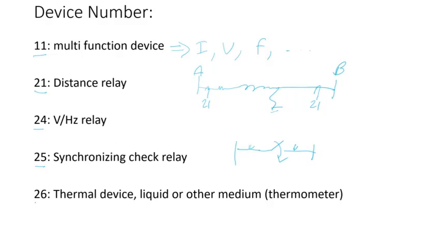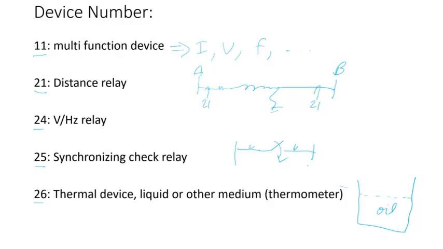26 is a thermal device, for liquid or other medium. Basically, it's a thermometer, like on a transformer. They have a thermometer that measures, for instance, if this is the tank, and this is the oil inside the transformer, mineral oil or some other vegetable oil or whatever.